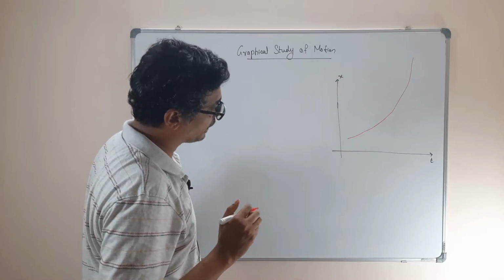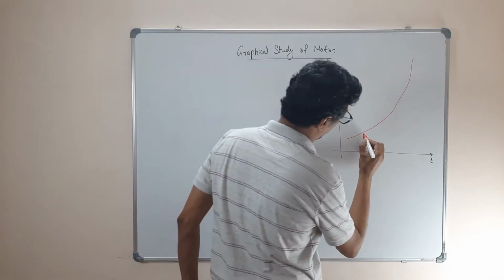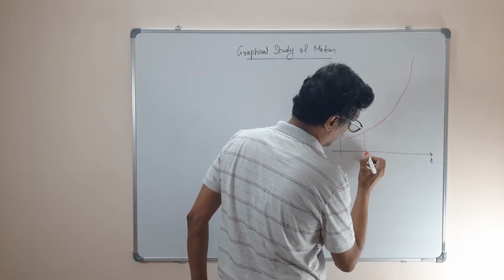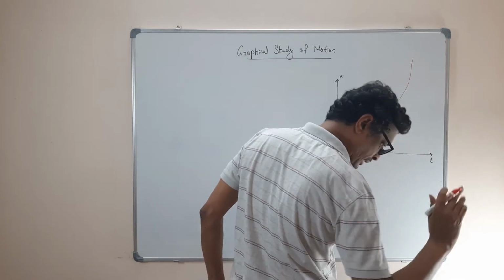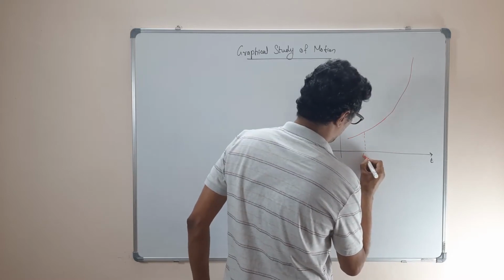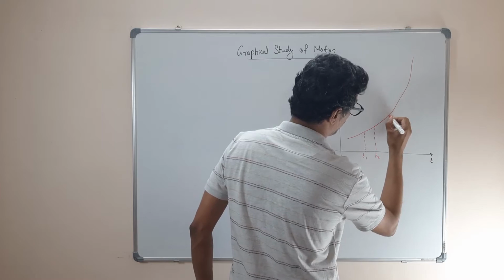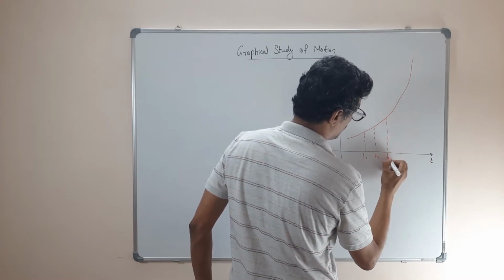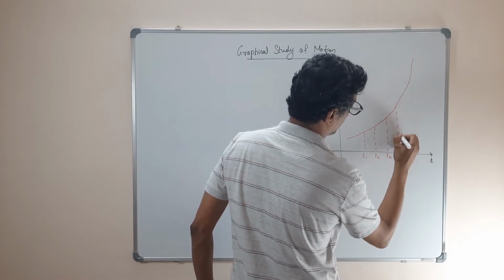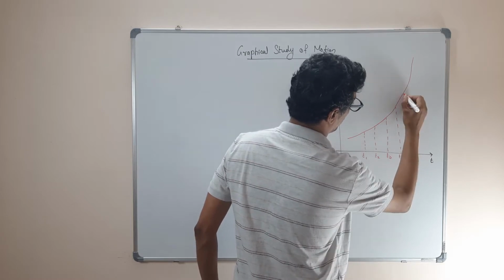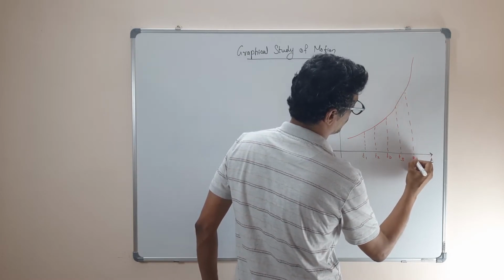Okay, now here what happened? We are going to give 3 different times. In your book they have given 4 times, so let us put up the same thing. T1, T2, then they have T0, and then T3 and T4.